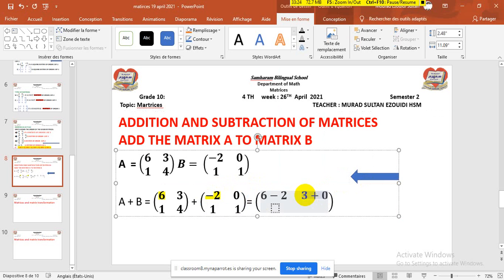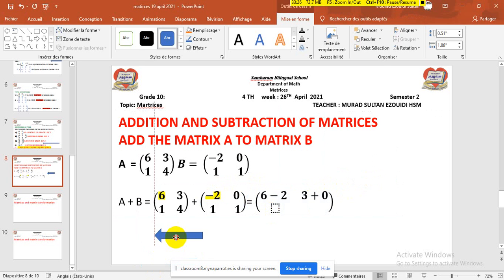Then we move to the second row, first column of matrix A plus the second row, first column of matrix B. I will write the answer here.